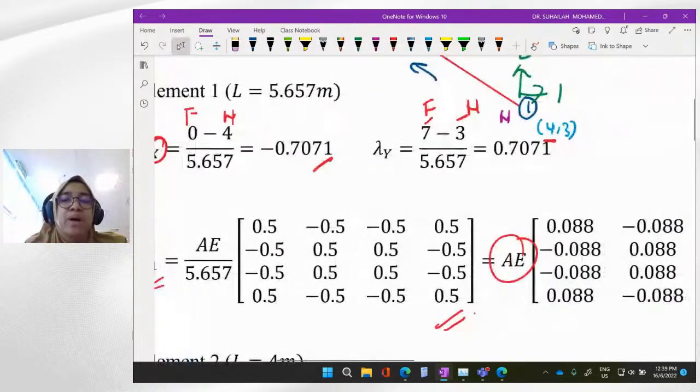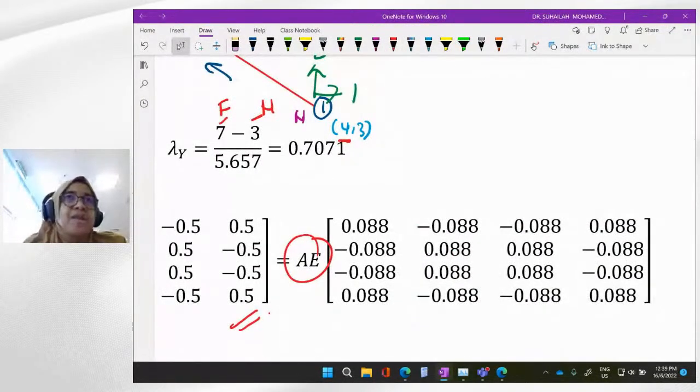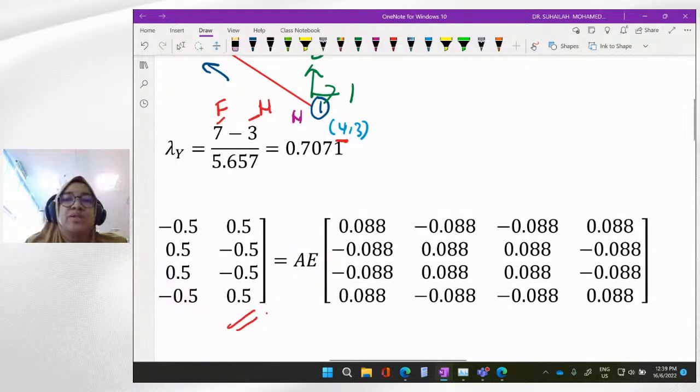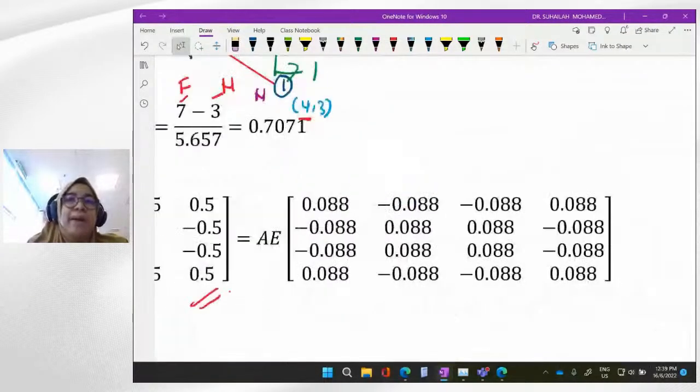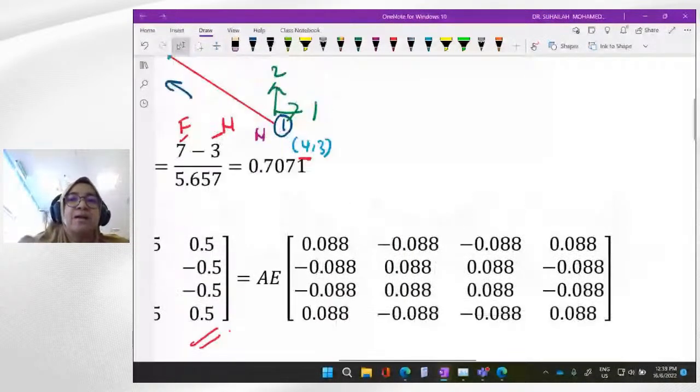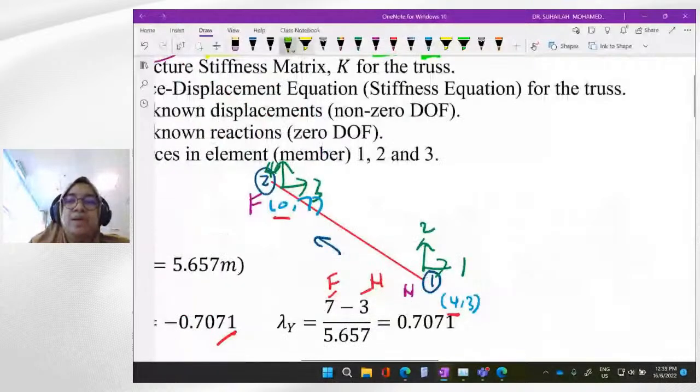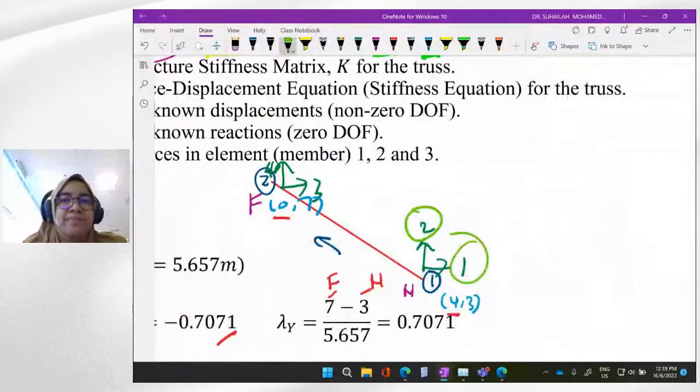That is why we write the stiffness matrix in AE form like this, AE times 0.0018 and so on. It is a 4 by 4 matrix, because the size depends on the number of degrees of freedom, and there are two at the near end and another two at the far end.